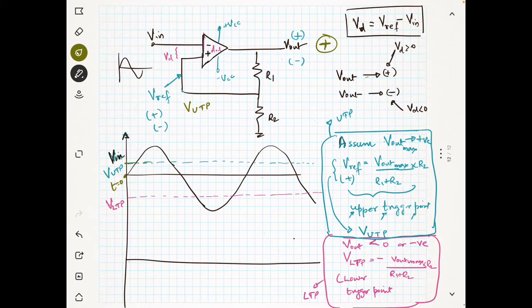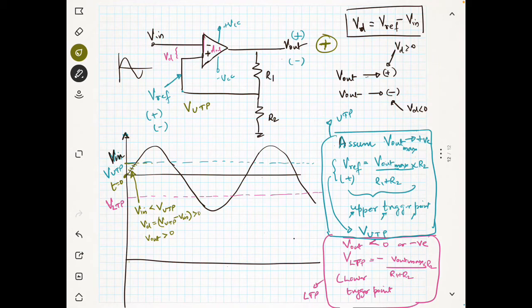So if you take these points, V in is less than VUTP. So if V in is less than VUTP, then VD is nothing but VUTP minus V in, and this number will be greater than 0. So what will happen if VD is greater than 0? Your output will also be greater than 0, right? That's what is happening in this zone. So I can mark it like this here.